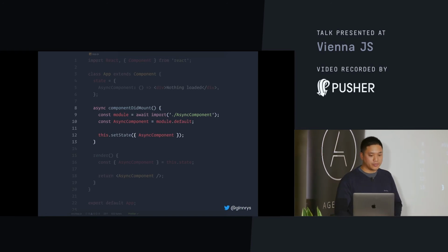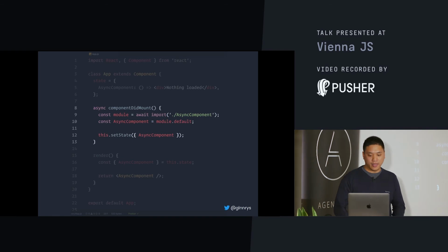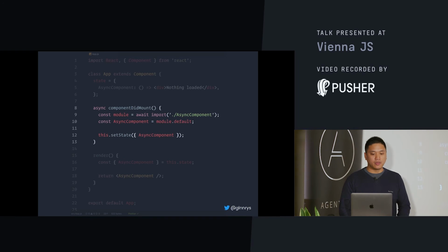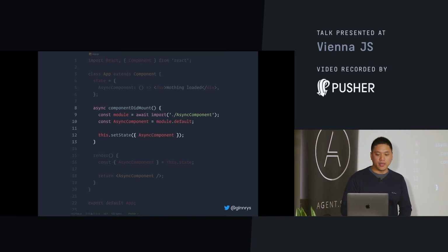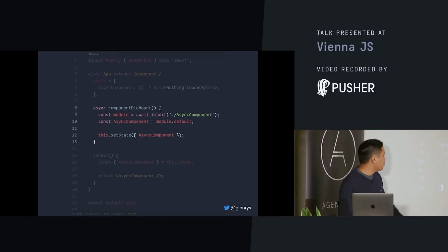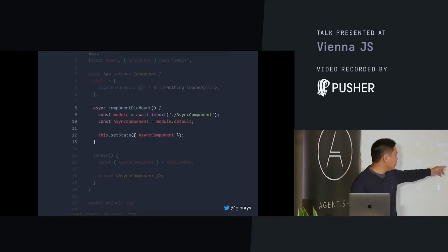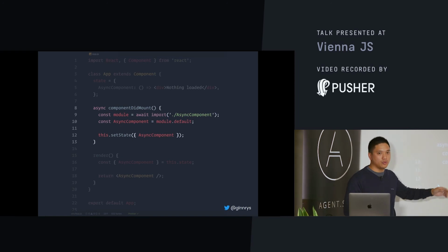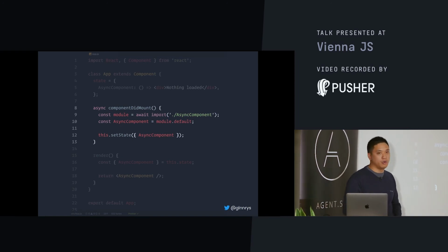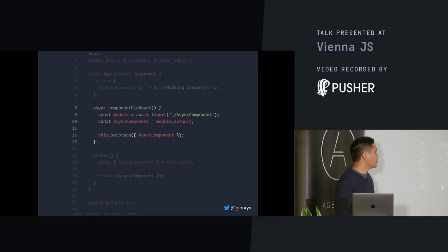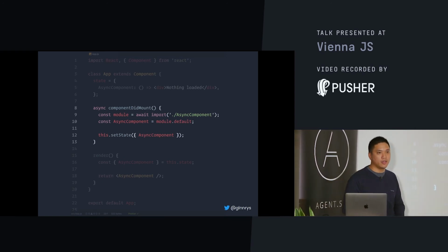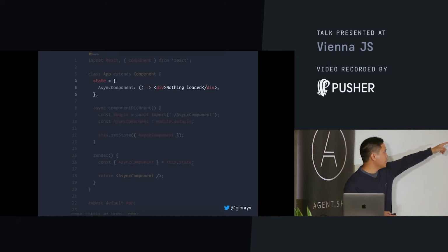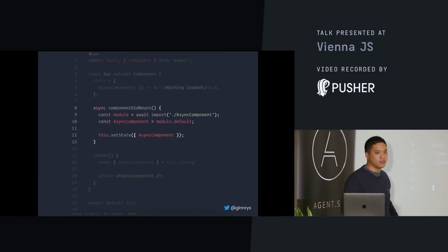In componentDidMount, we want to call the dynamic import and pass the path to the async component as an argument, and then we simply assign the result to our constant AsyncComponent, and then we simply set the state to perform a re-render of our component. And with setting the state, we basically replace the nothing-loaded indicator with our async loaded component, right?